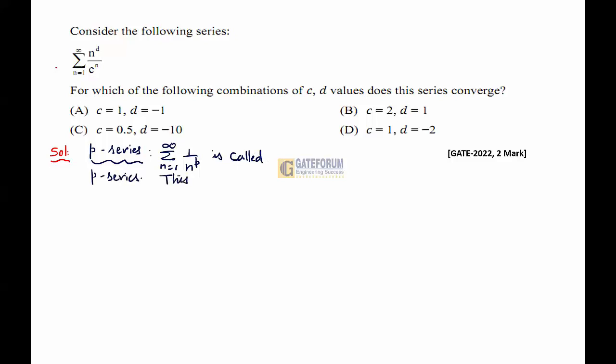This series converges if p greater than 1, and diverges if p less than or equal to 1. You know the meaning of series convergent, divergent. Okay.